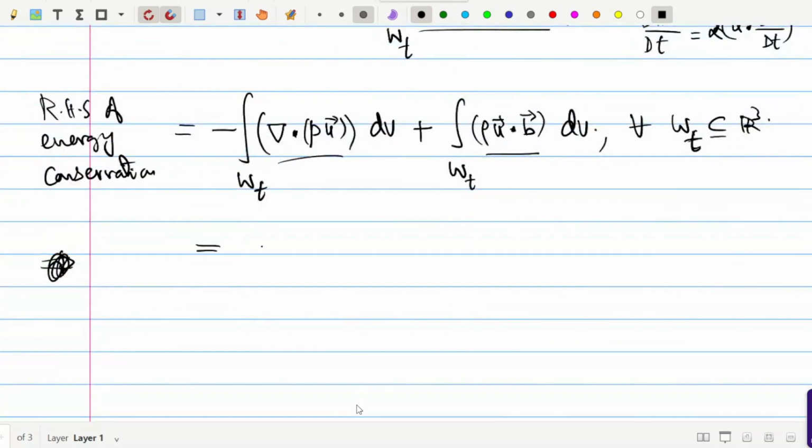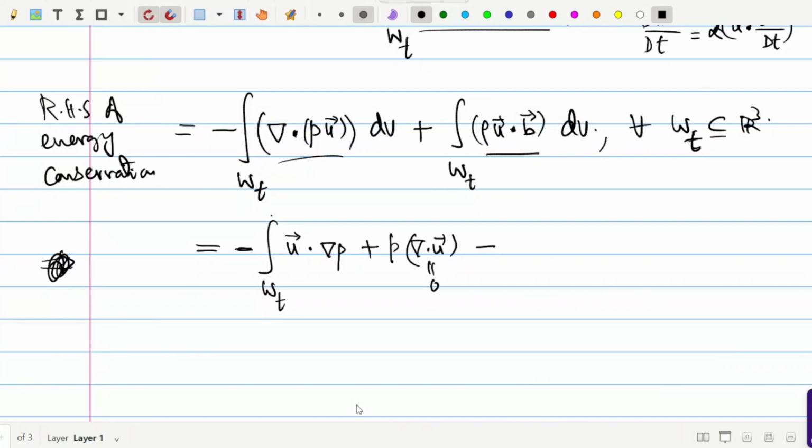So this is equal to minus WT. This is what? Del P dot U, right? So U bar dot gradient of P plus P into del dot U. The del dot U is 0, right? Plus P into del dot U, this is equal to 0 by incompressibility.